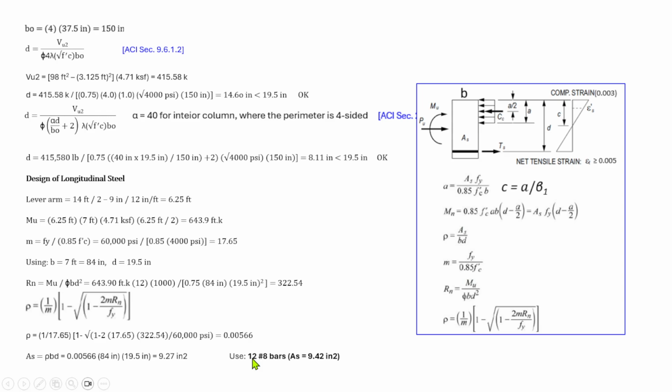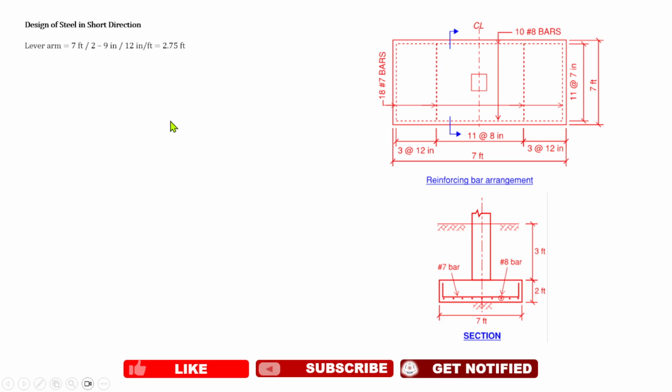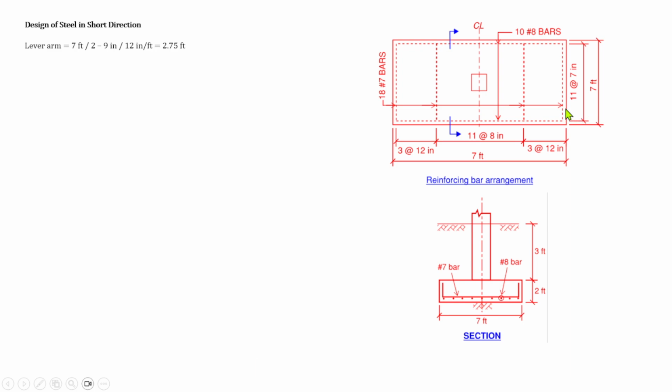That is the total requirement for the longitudinal reinforcement from here to there. That is 12 bars. So if we calculate that one, roughly 11 bars at 7 inches on centers. So that is the main bars.